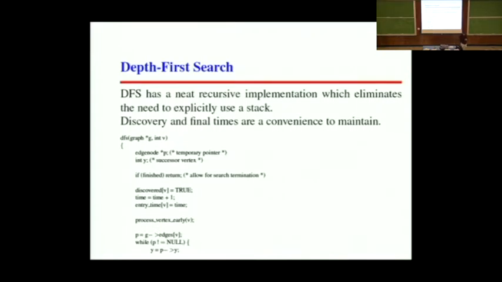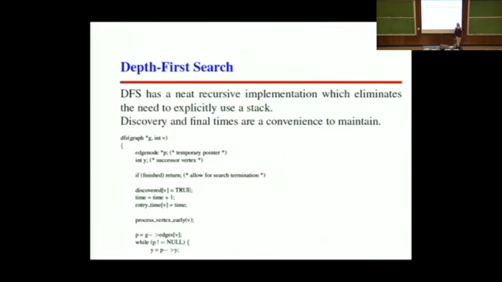If you look carefully at my code, there's something a little different that I'm doing, however. I'm keeping some extra arrays that are helpful. I am keeping a time array, a time in my search, an entry and exit time.